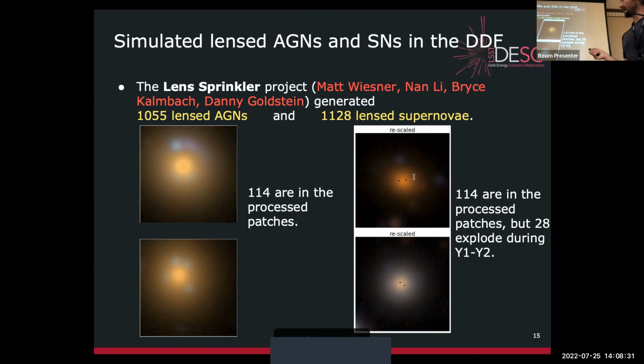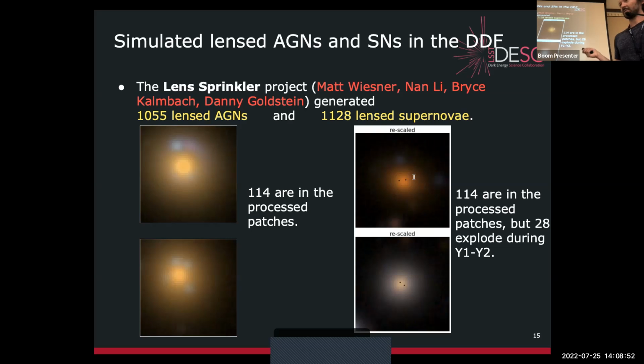So we have about 1,000 lensed AGNs and 1,000 lensed supernovae that live in these deep drilling fields. So far, not the whole of the deep drilling fields have been processed. Only a subset of them. So we have at the moment 114 strongly lensed AGNs.